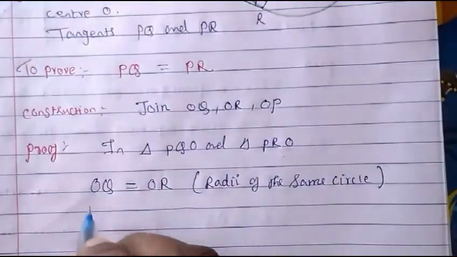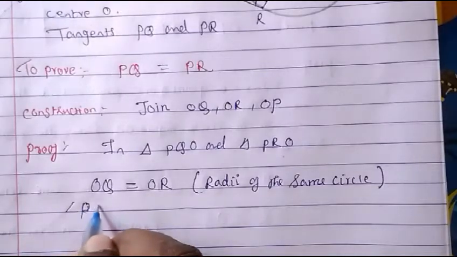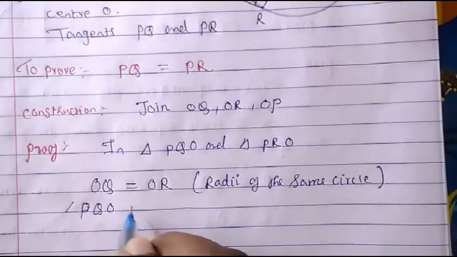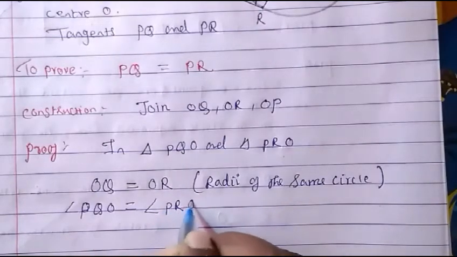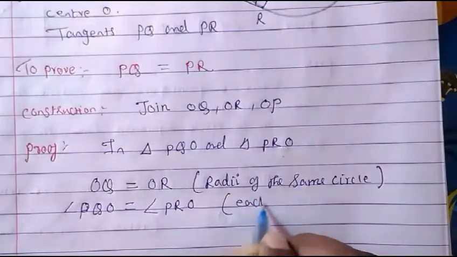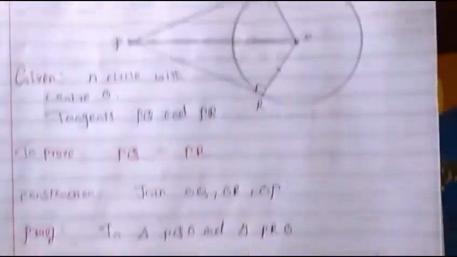So we can write that angle PQO will be equal to angle PRO because each is 90 degrees. Okay, so both are 90 degrees.